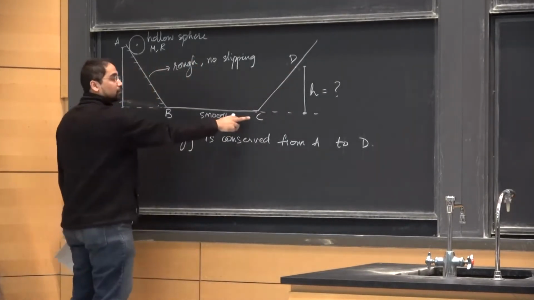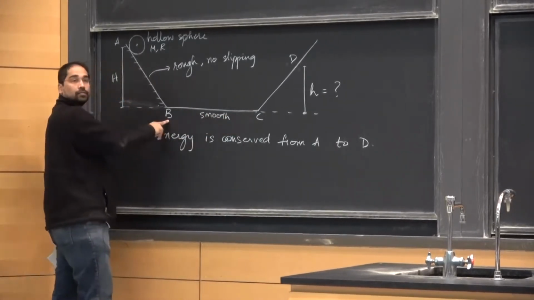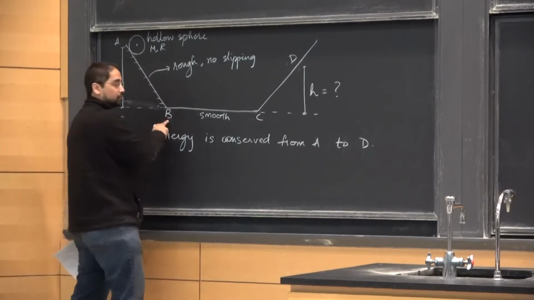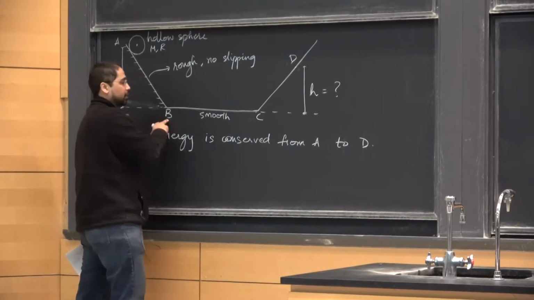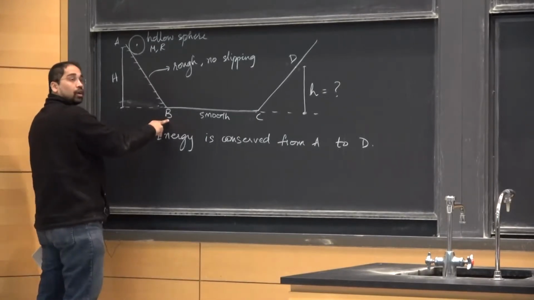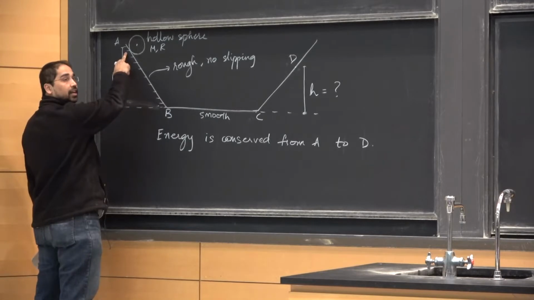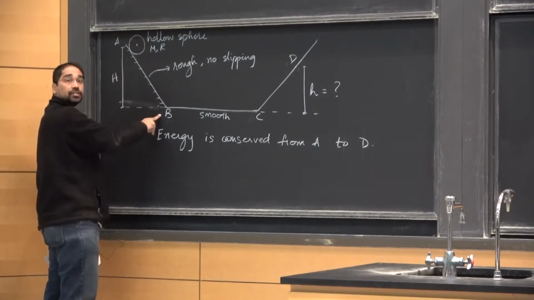Now to know how fast it's moving at C, I need to know what its energy at C is. I need to know what its energy at B was, because energy at B is the same as energy at C. And to know how fast it's moving at B, I need to know what the energy at A is, conserve energy from A to B first.